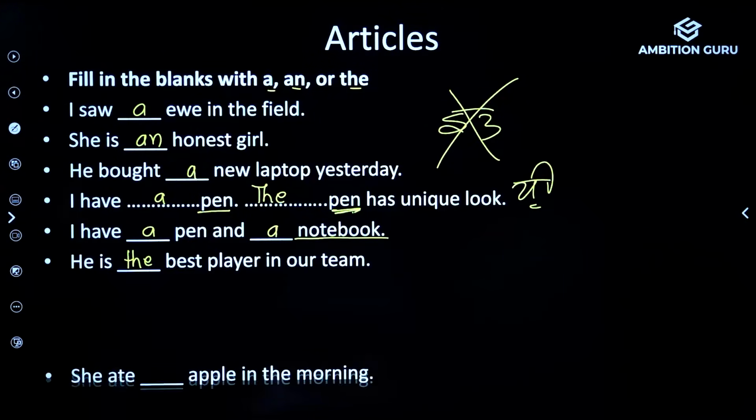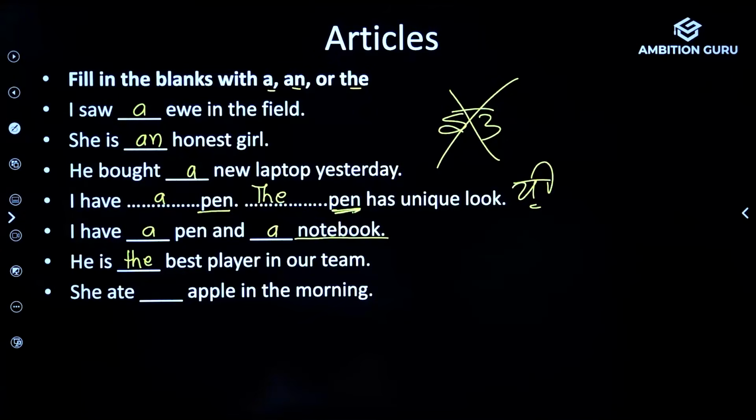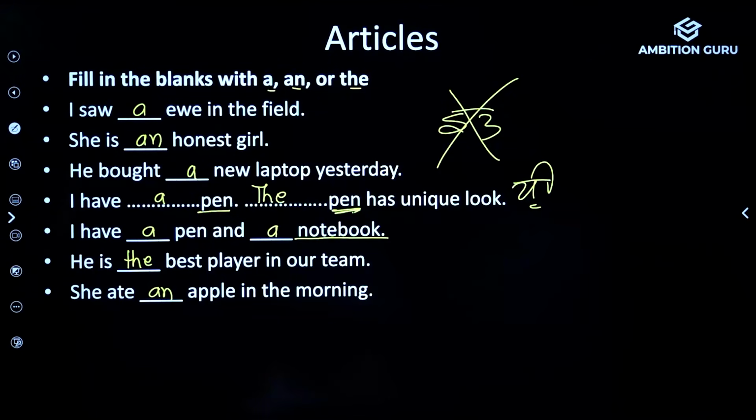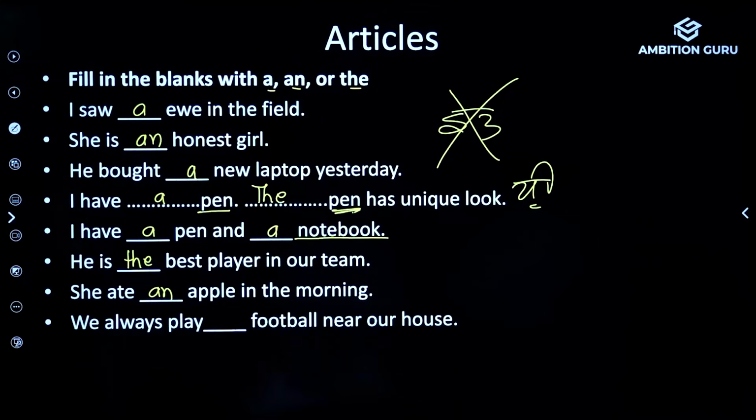Good. Next. See dot dot dot apple in the morning. Apple, a vowel sound is there. So we know that here should be an. See an apple in the morning. Okay, that's good. Next question.